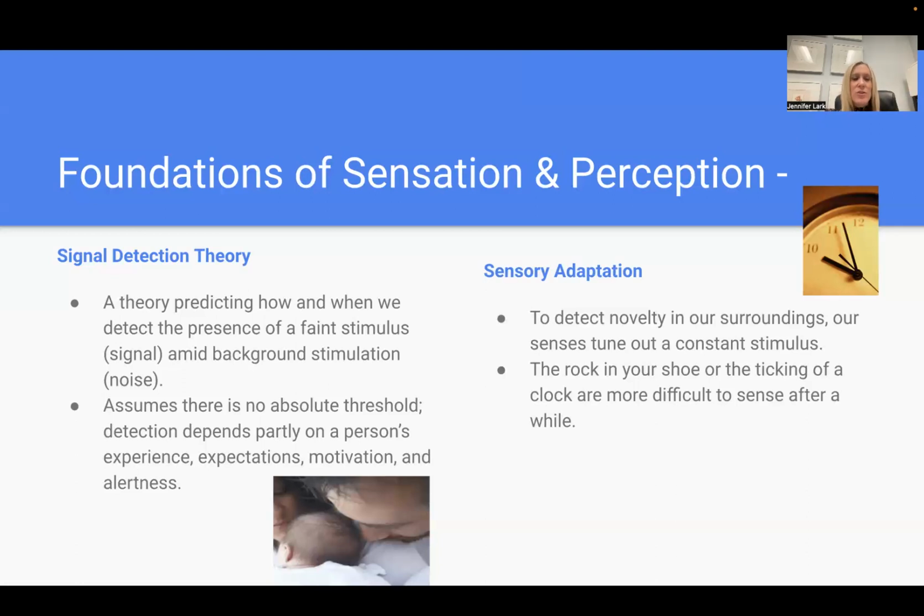Okay, so signal detection theory tries to take those additional factors into account.